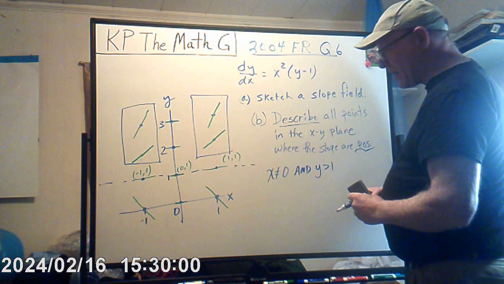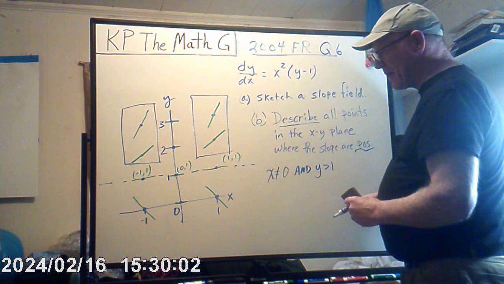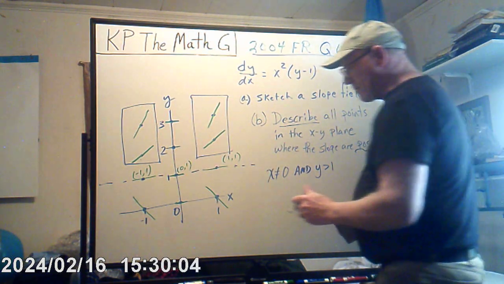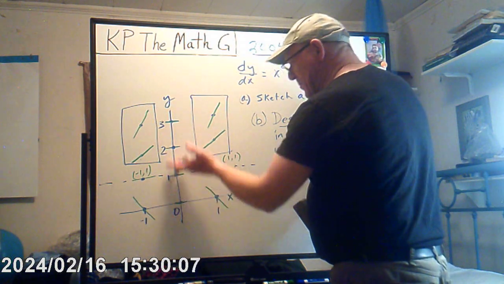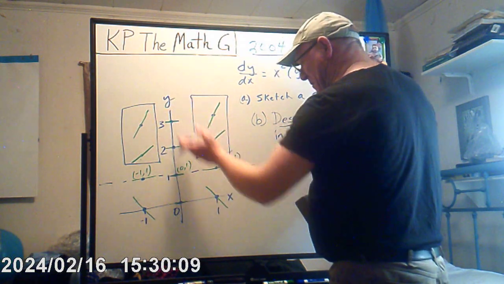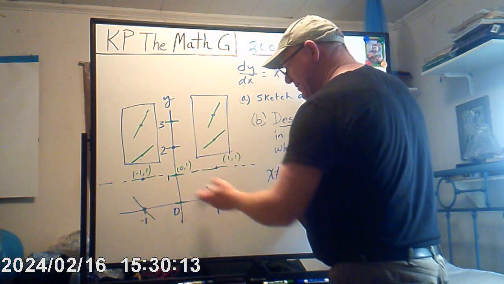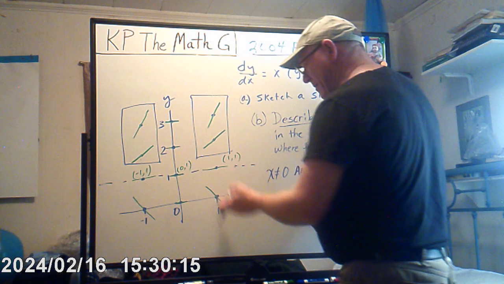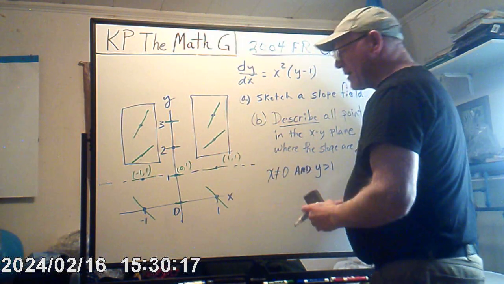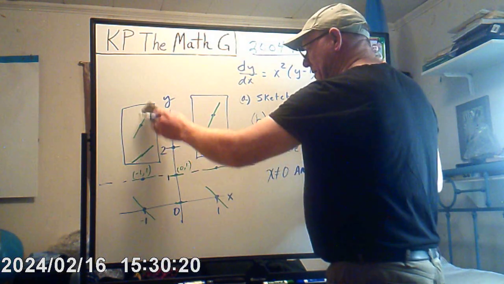Once again, these slopes are 0 at x equals 0. The slopes are 0 and negative at x equals -1 and +1. So the only place is here and here.